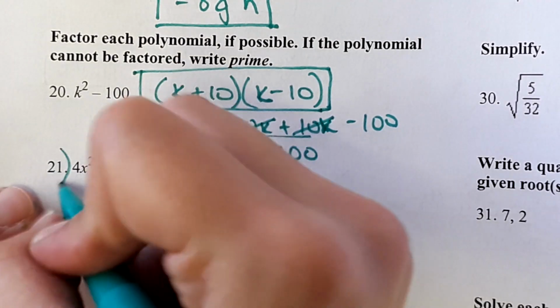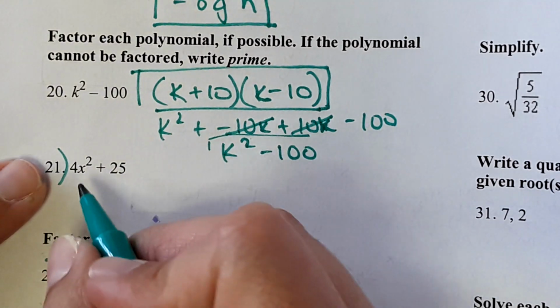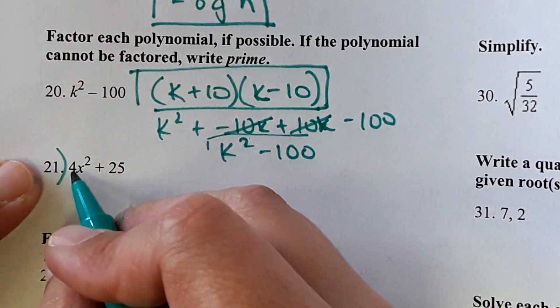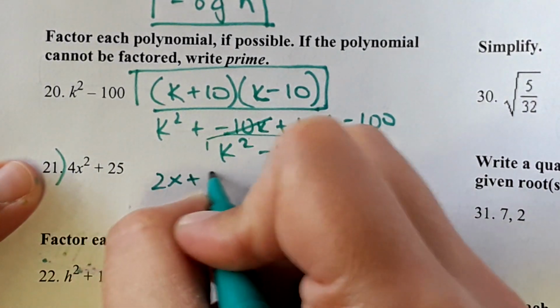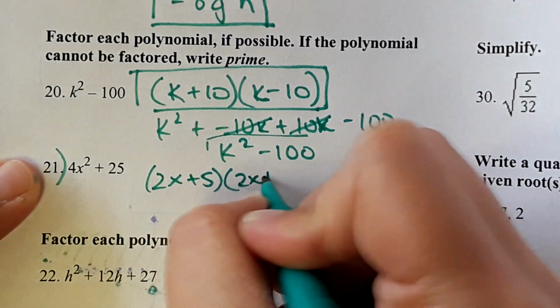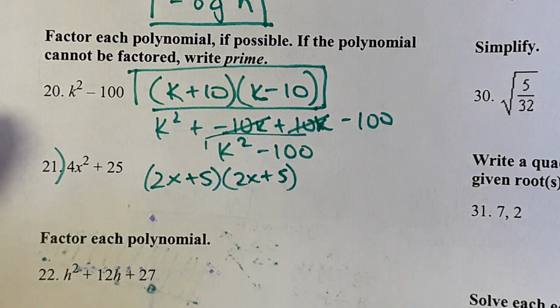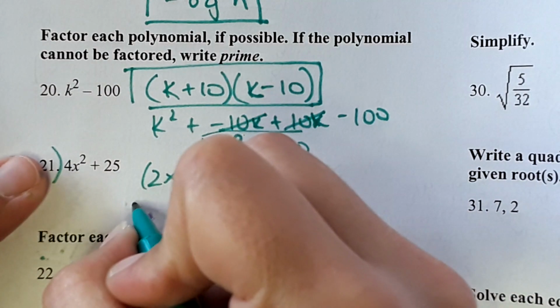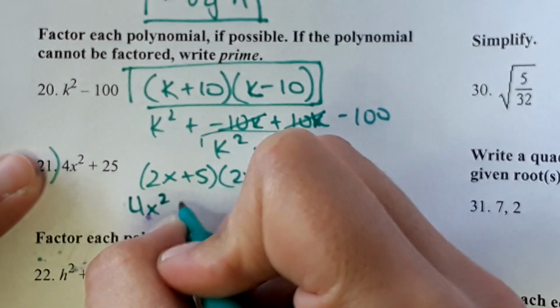Okay, 21. Same idea. Okay, so something that stands out. I want to do this. I don't know if that's what you saw in your head too. However, when you go to FOIL this out, you get 4x squared, which is great.